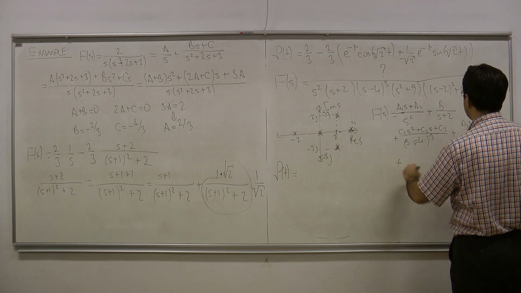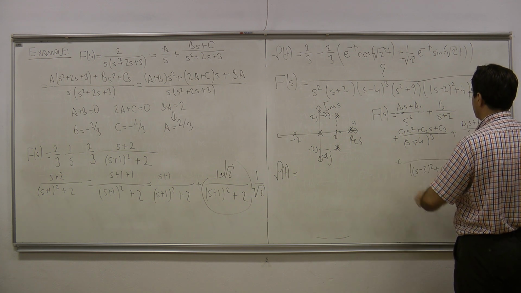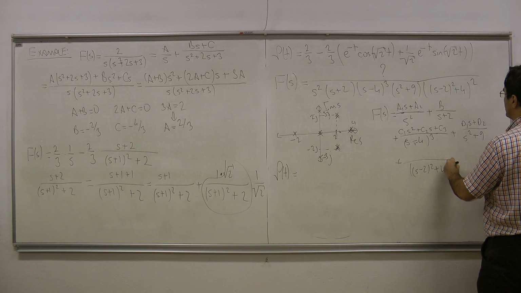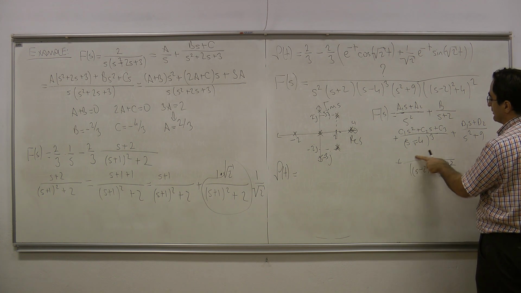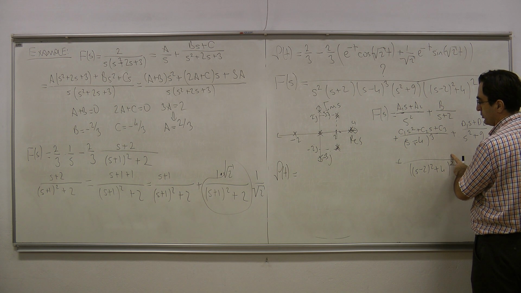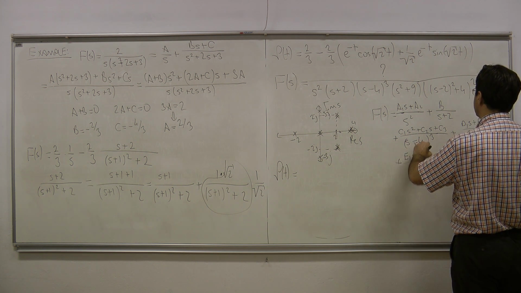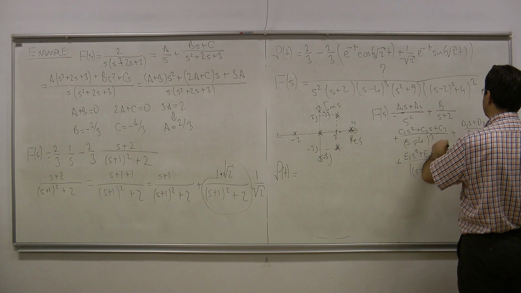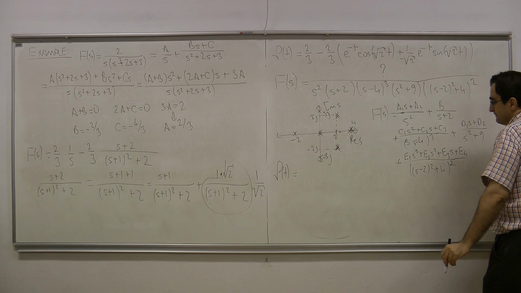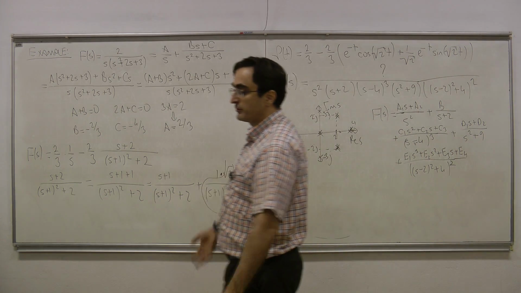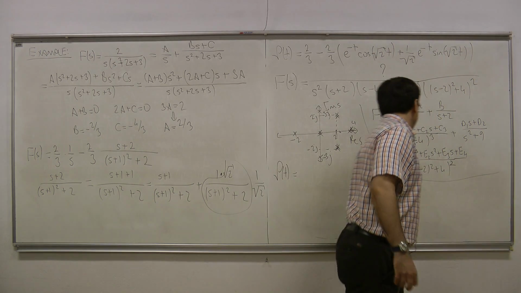And finally, I have (s minus 2) squared plus 4 here, and there is a square here. This is a fourth order polynomial. As a result, I need to put here a third order polynomial. Okay? So it's going to be e1 s cubed plus e2 s squared plus e3 s plus e4. Okay? So this is the partial fraction expansion of this function.